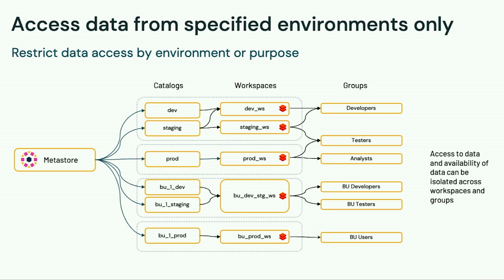Now let's say that tester also wants access to prod, but only in read-only mode, then you can do that too with catalog workspace binding. So in a nutshell, the logical division we had between these workspaces is also achievable, even if your catalog or your data is maintained centrally at the metastore level at the account.